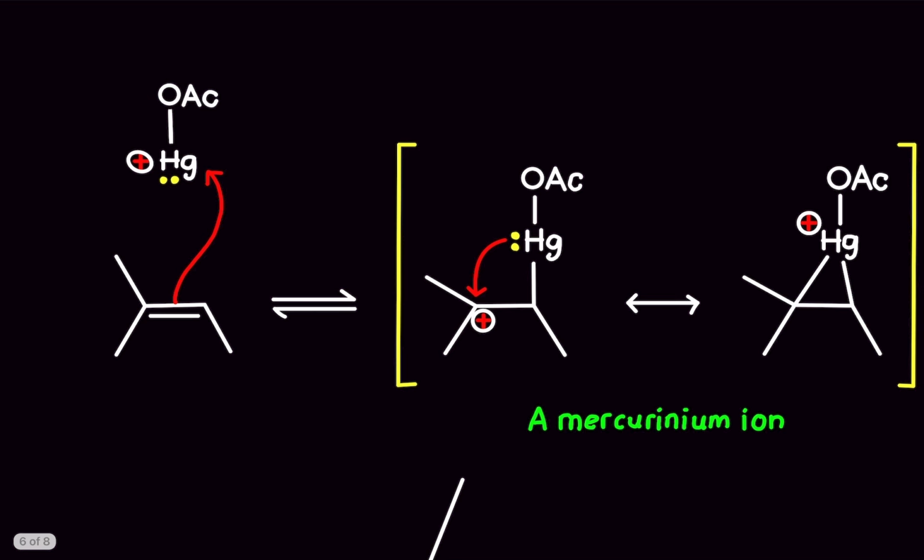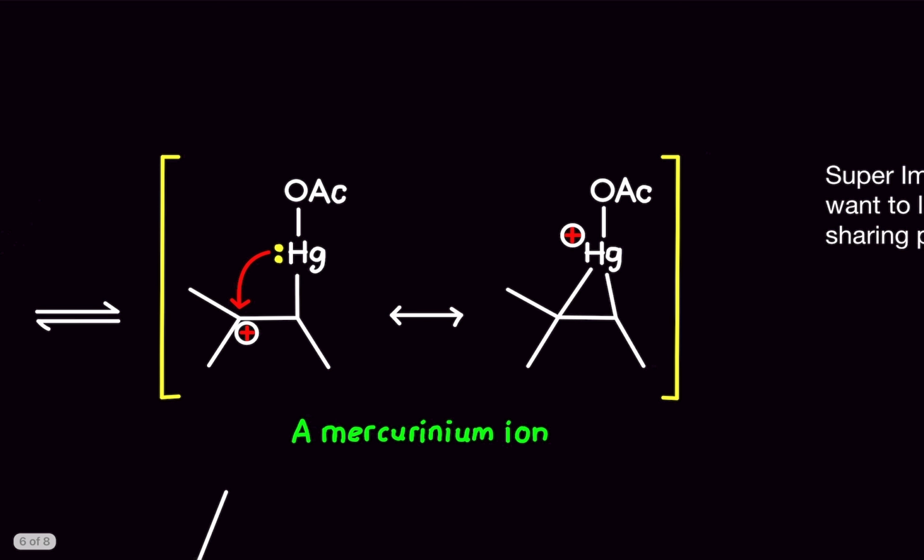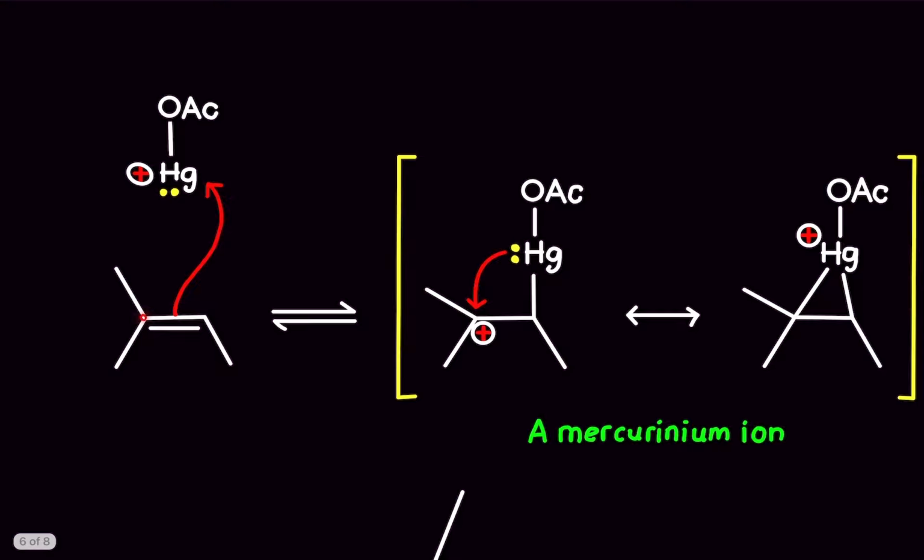The pi bond is going to attack the mercury atom. Now here's what's going to happen. This may look a little complicated. What's going to happen is the mercury or mercuric acetate compound here is going to bind to the less substituted carbon. So you'll notice that this is the more substituted carbon, this is the less substituted carbon.